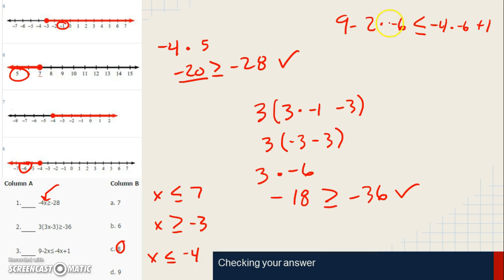So we have negative 2 times negative 6 is a positive 12 plus 9. 9 plus 12 is a positive 21, is less than or equal to. Here we have negative 4 times negative 6 is a positive 24 plus 1. 24 plus 1 is 25. 21 is less than or equal to 25. That is true. So we know that for all of these, we got the correct solution.